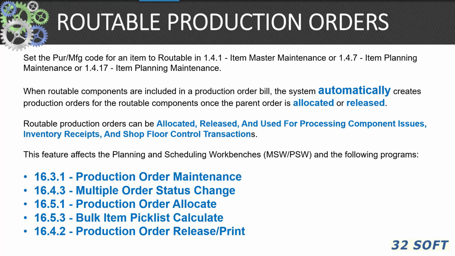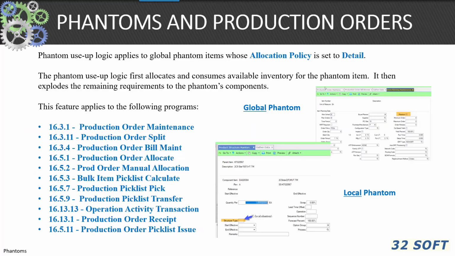You can use those to allocate, release, process components, all that stuff that you do with a normal one, only it's automatically produced. So this you can see in the new master scheduling workbench, production order maintenance, status changes, allocations, pick lists, and production print. Phantom's always been around.